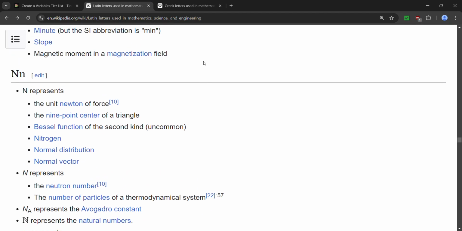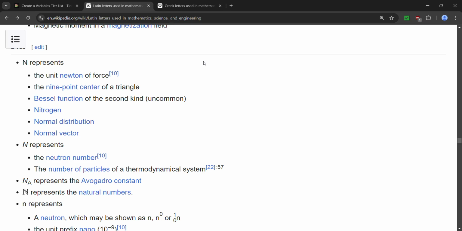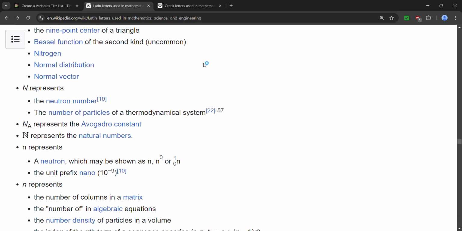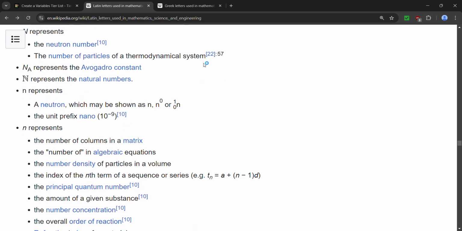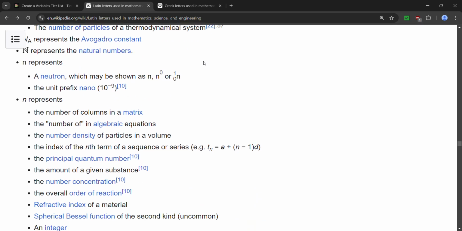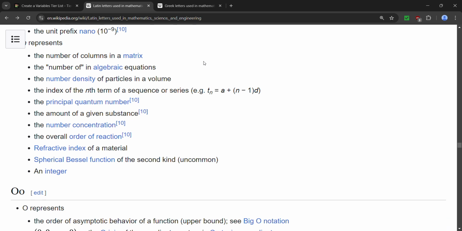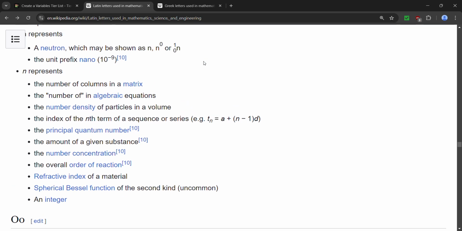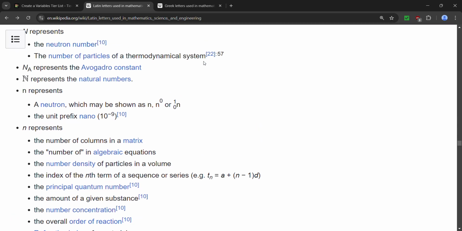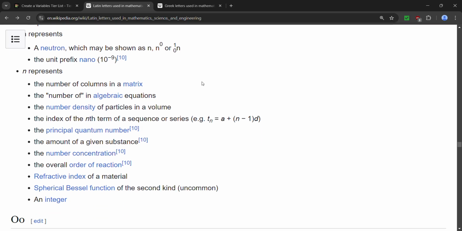N. Here we go. Newton. Normal vector. The Avogadro constant. Okay. Avogadro's number. A neutron. Cool. Number density. The principal quantum number. These are all pretty good. Just the fact that it's used to represent a number of things is a pretty convincing argument.